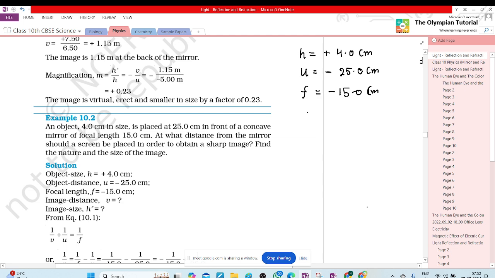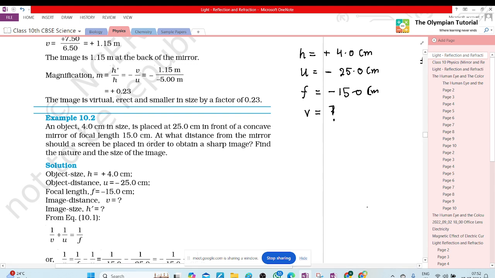So firstly, at what distance from the mirror should a screen be placed in order to obtain a sharp image? It means you have to calculate the value of v. Will you solve it? We should find the image distance.